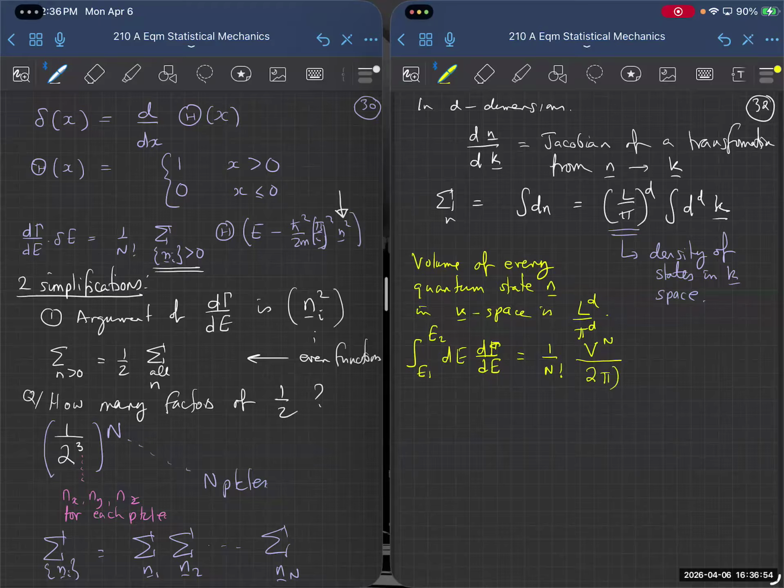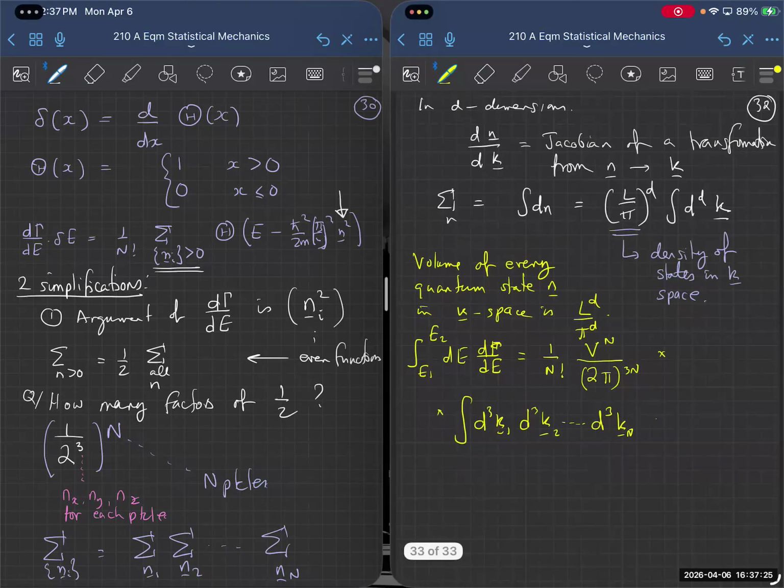So I have 2 pi to the 3n down here, if d is equal to 3. Then what I have is the integral d3 k1, d3 k2, all the way up to integral over d3 kn.